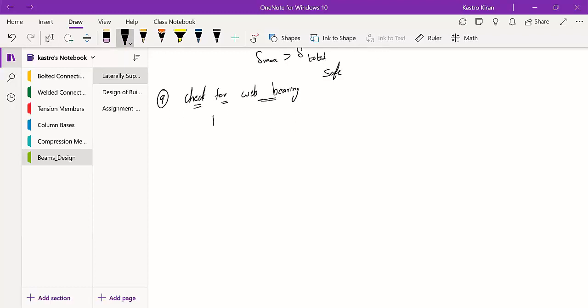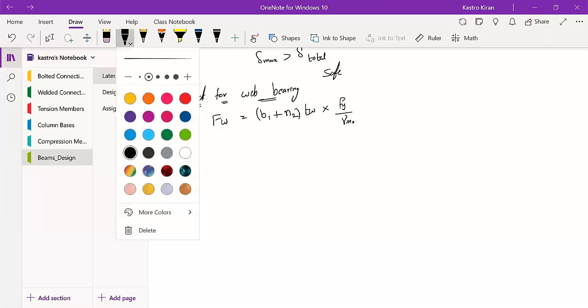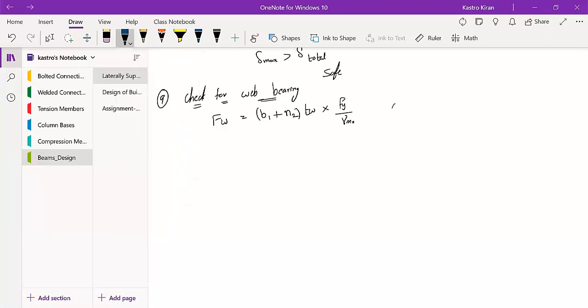It will be given as FW, that is force in web, equals (B1 plus N2) into TW into Fy by gamma M0. This value is obtained from clause 8.7.4 of IS 800:2007.